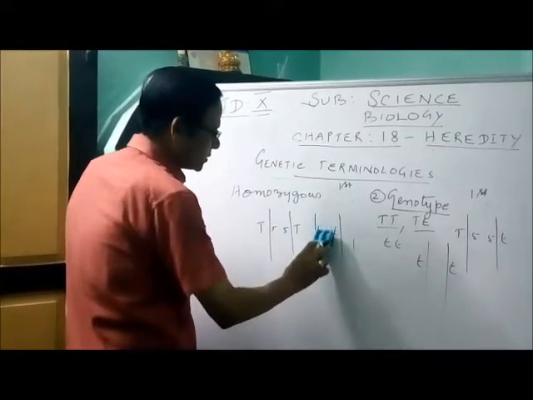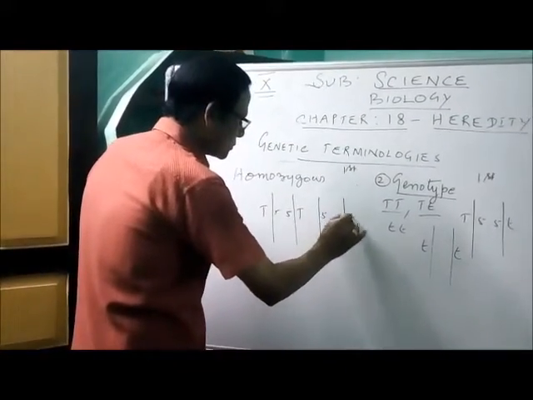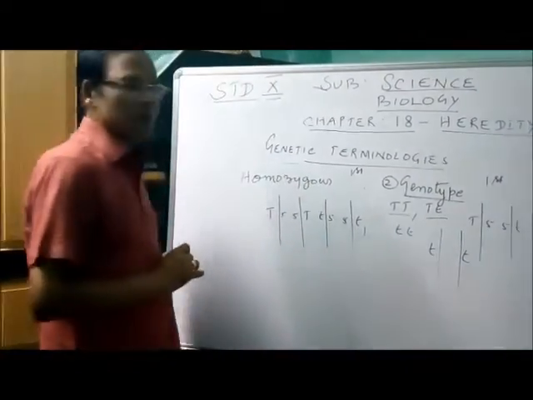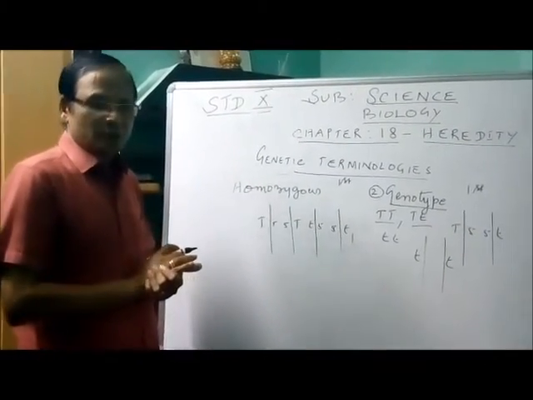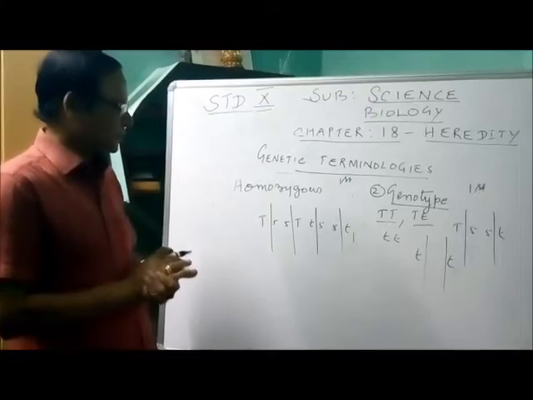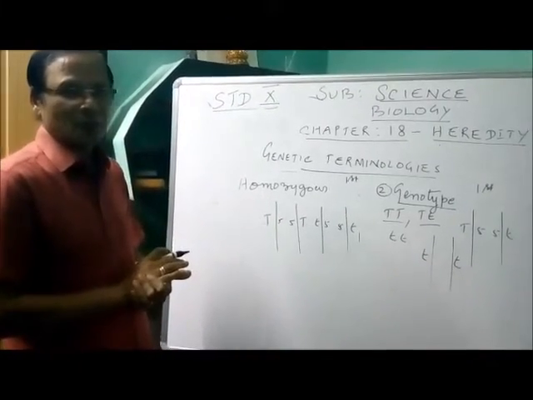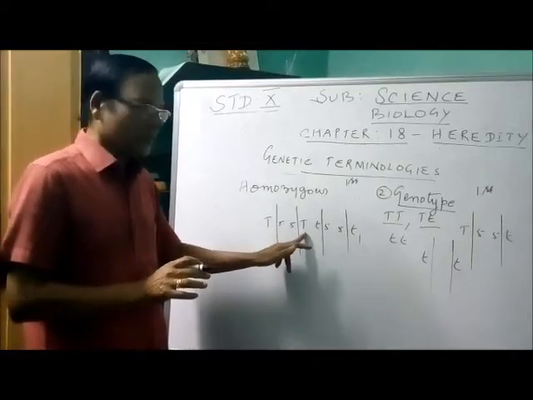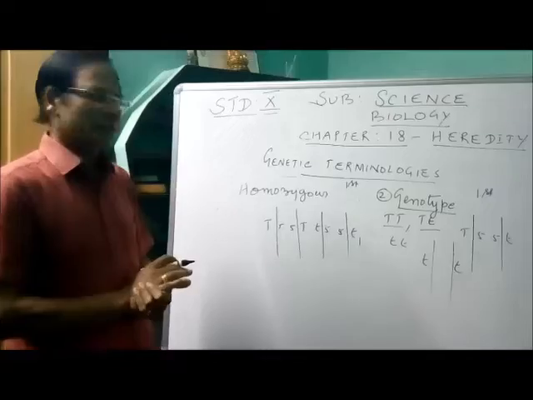In both the chromosomes, the genes are of the same type. So, if the genes controlling a particular trait are similar, alike in both the chromosomes, then it's called the homozygous condition. The two genes for a character in homologous chromosomes are similar or alike.